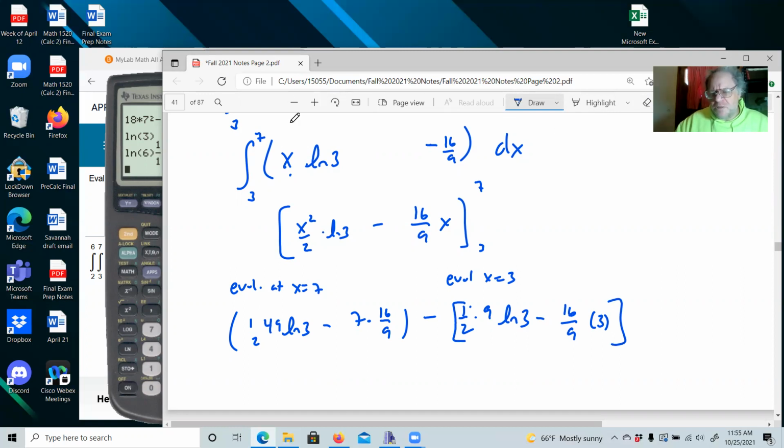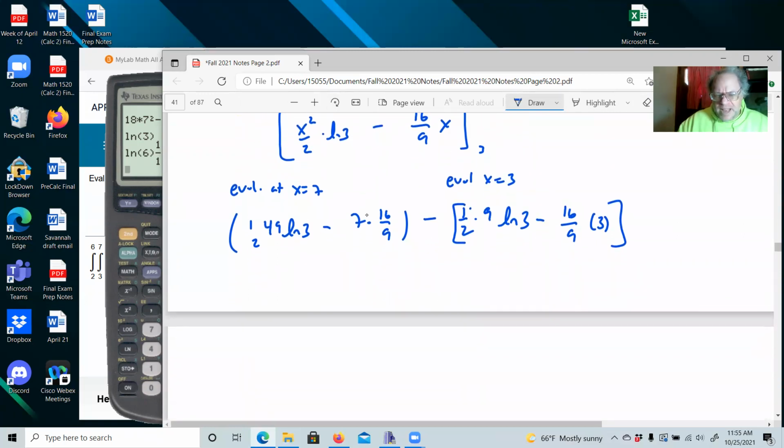So now there's some arithmetic. Here we have 49 halves ln 3, minus 9 halves ln 3. There's not an ln in here. That's why I don't really want to divide them. There's still something we can do. I don't want to do it. Minus 7 times 16. What is that? 42 or 70.